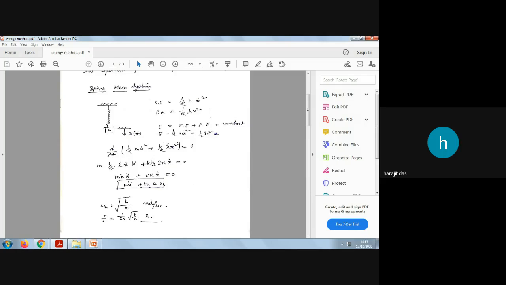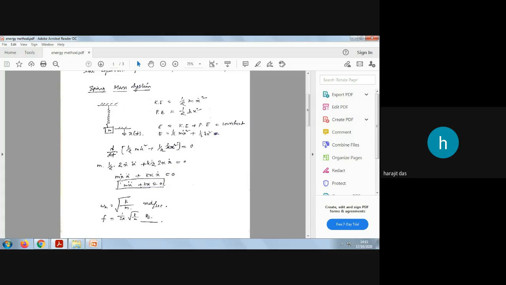Then finally the 2 will be cancelled out here, and here also. You can eliminate x dot from each term, so m x dot x double dot plus k x x dot will be equal to 0.